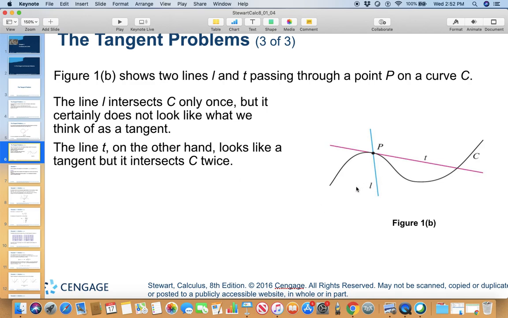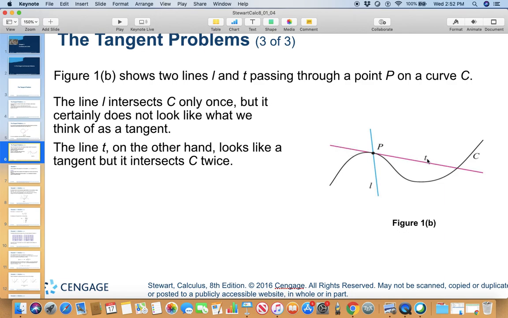For example, here is a curve and here are two lines. One is line L, which is blue in color, and the other is pink in color, line T. Notice line L touches my curve C only once, but it doesn't look like a tangent to us, whereas T is a tangent to the curve.